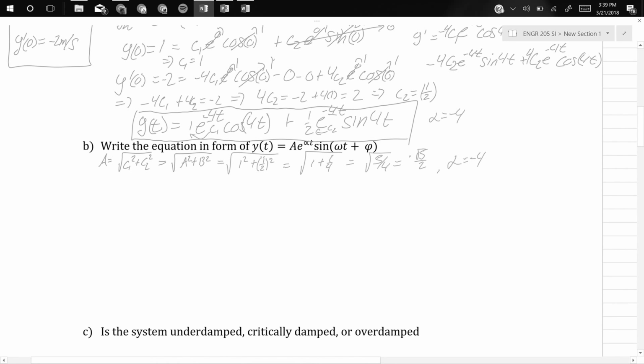And now your omega is basically going to be equal to your beta. So since omega equals beta, this implies omega equals 4.